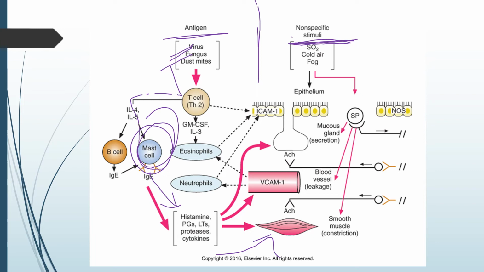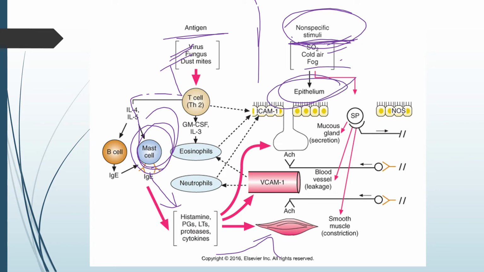Now, if we're over here on the non-specific side, the non-specific cause side, this would be your intrinsic. So your cold air, your pollution, your fog, things like that. And they're usually sensory receptor stimulation that will then cause bronchospasm. So it causes that sensory reception on the epithelial lining.